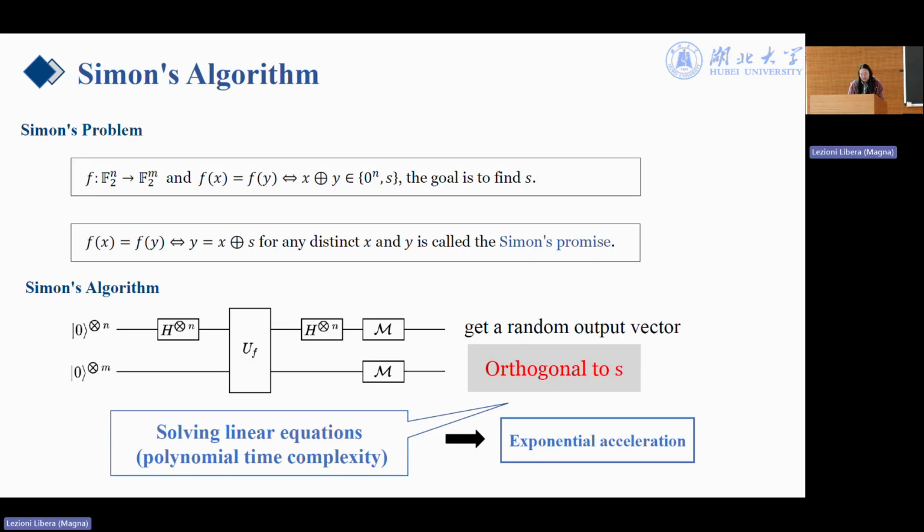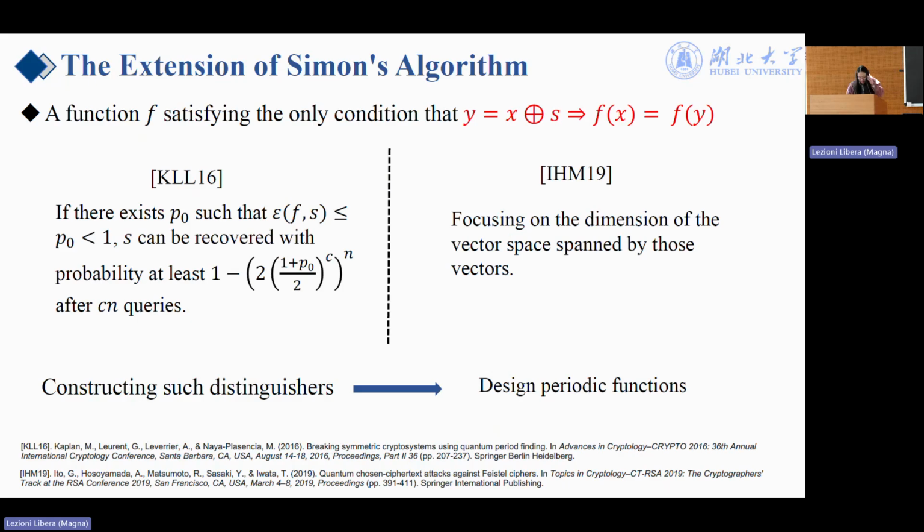Then we can solve the linear equations in polynomial time and recover s. So based on this theory, we can use Simon's algorithm to construct some distinguishers. However, in most cases, Simon's promise is difficult to satisfy.